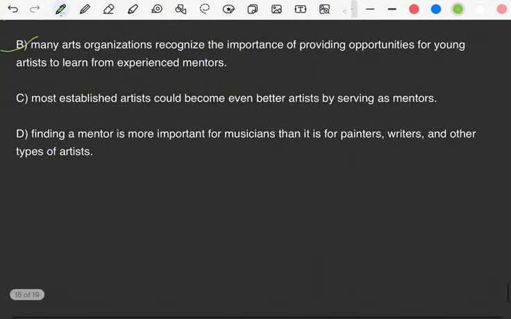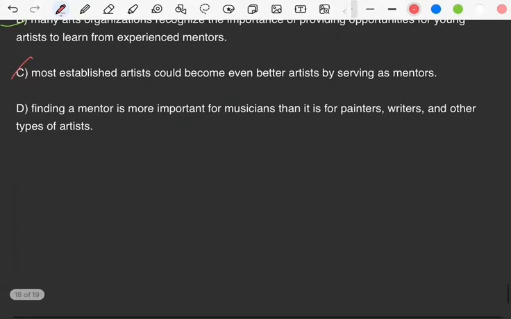Next one is: most established artists could become even better artists by serving as mentors. The passage focuses on young artists benefiting, not on how mentorship helps established artists improve. So this actually flips the focus. So I'm going to eliminate this answer.